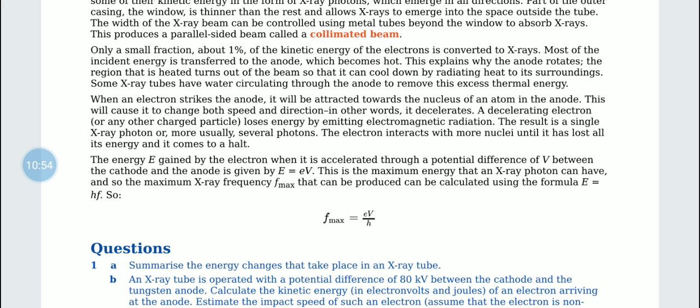As a result, the maximum frequency that can be obtained by this photon can be calculated using E equals hf. So f max is going to be eV upon h. This is the equation that you need to develop.